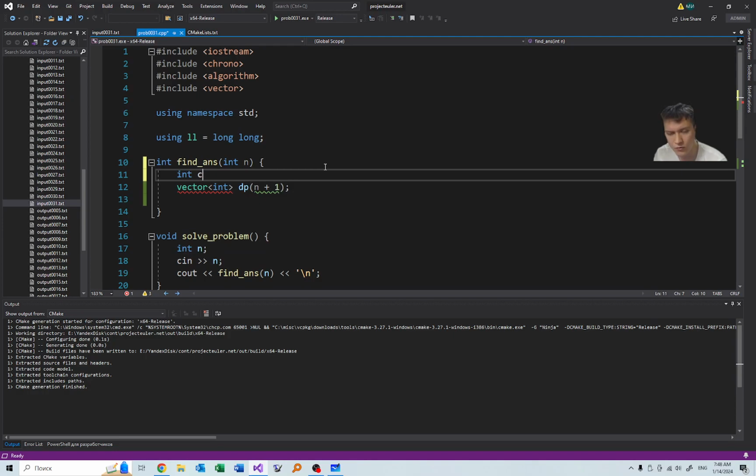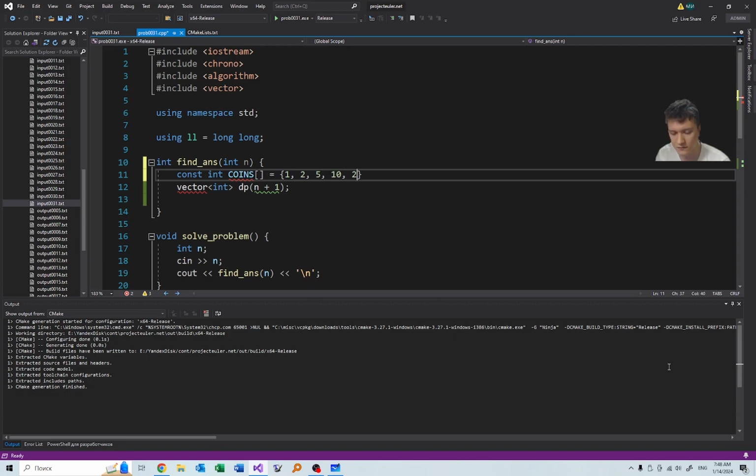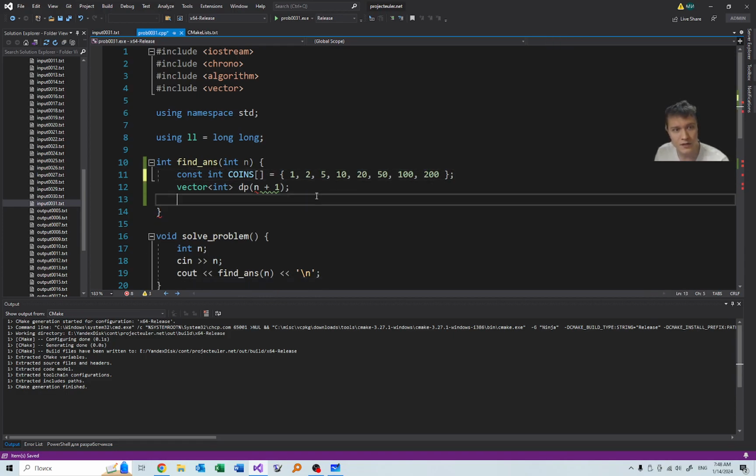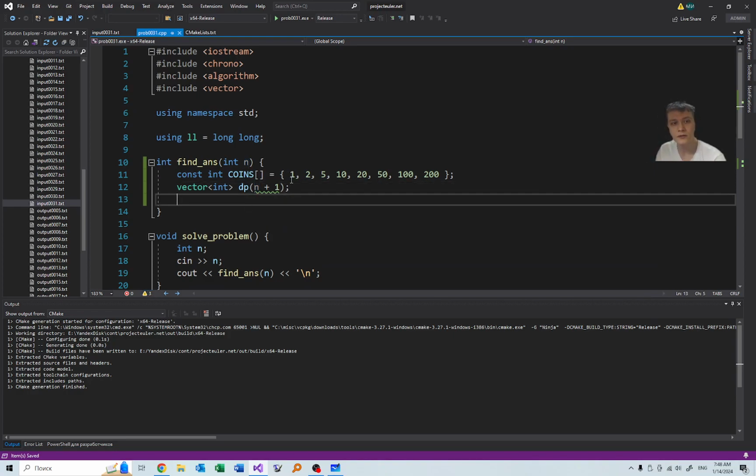Int coins constant coins equals 1, 2, 5, 10, 20, 50, 100, 200. Yeah, now we have this DP, which calculates how many ways. So first of all, when this dp is calculated, it is calculated for some prefix of this array.